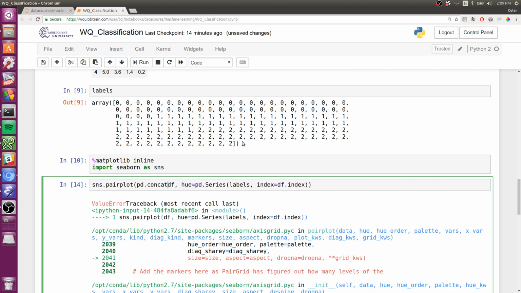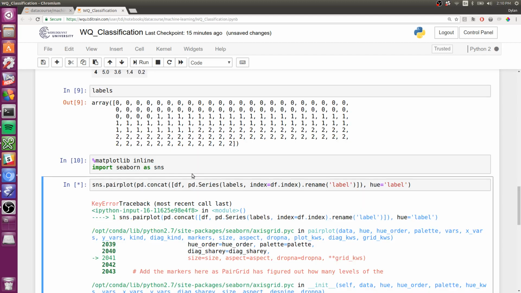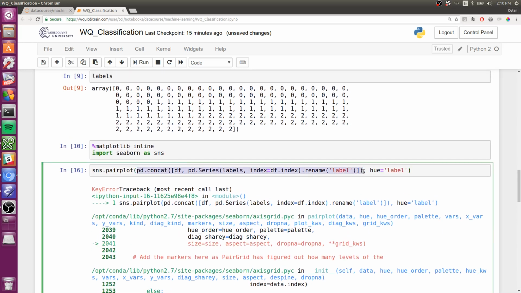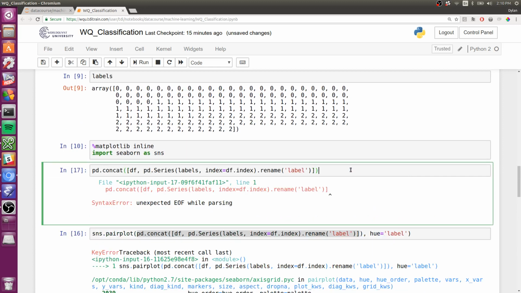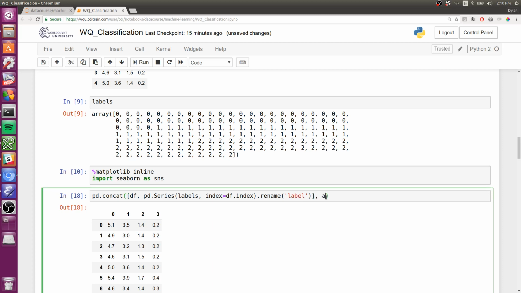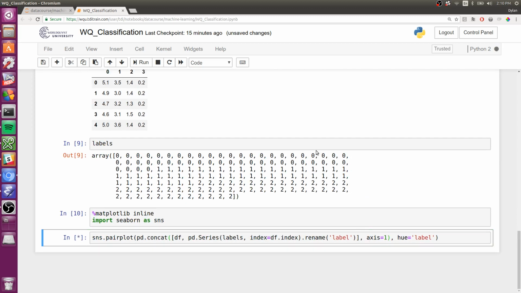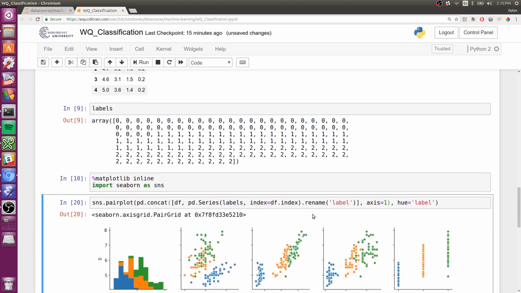Let's try this. Oh, axis equals 1. There we go. Okay.